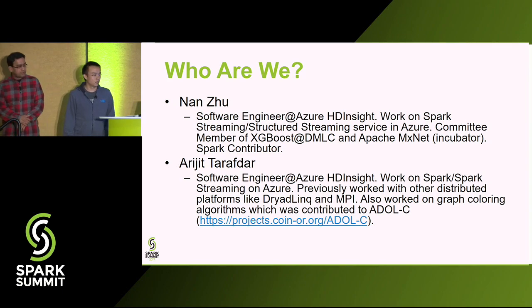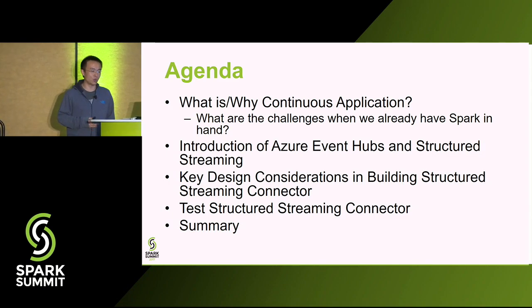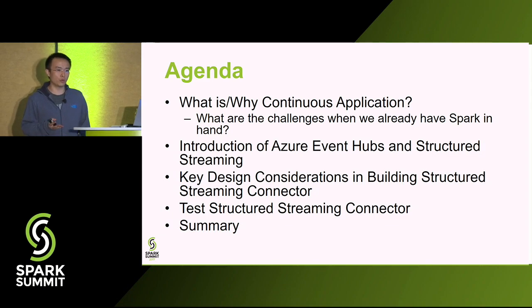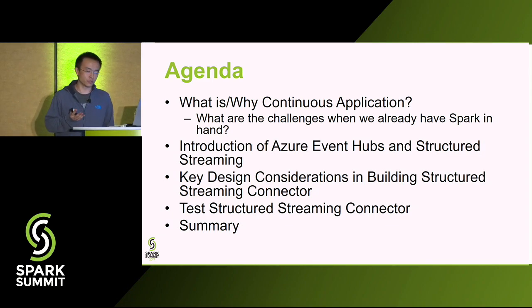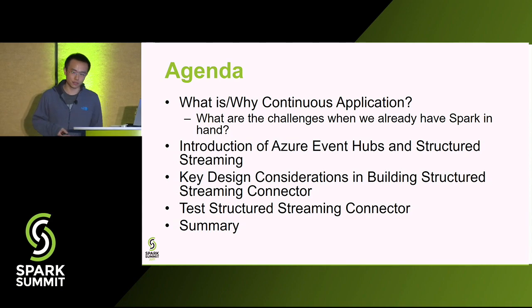Okay. In today's talk, we will first introduce what is a continuous application and why we want to build such a new type of application. And specifically, we will talk about what are the challenges for us to build this application when we already have Spark in hand.